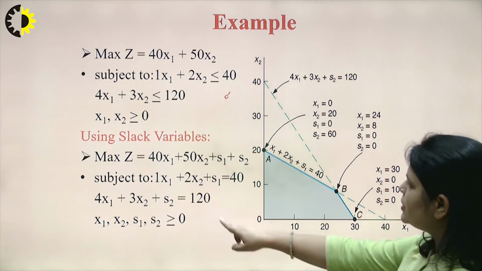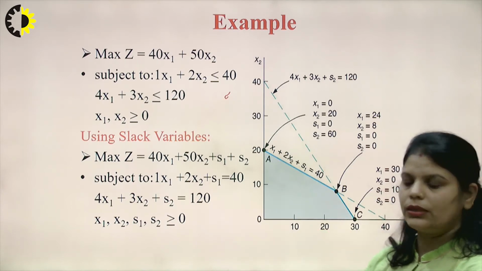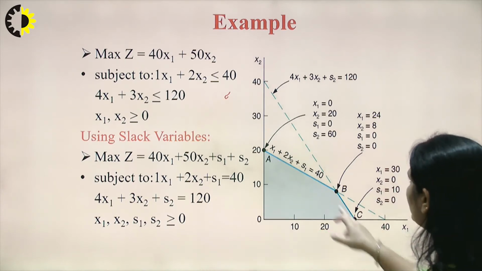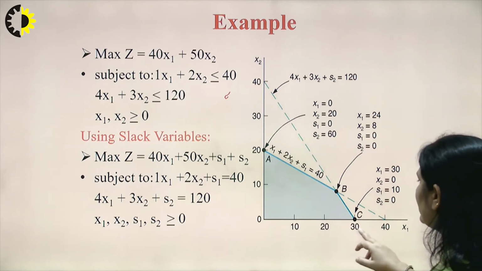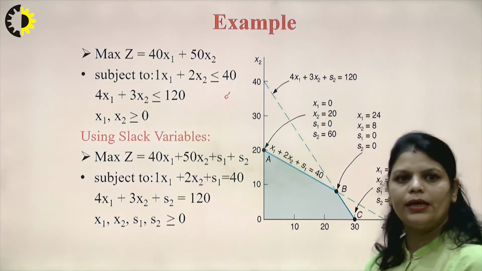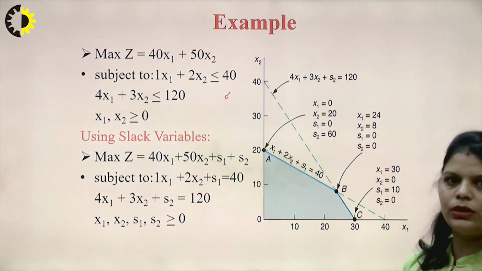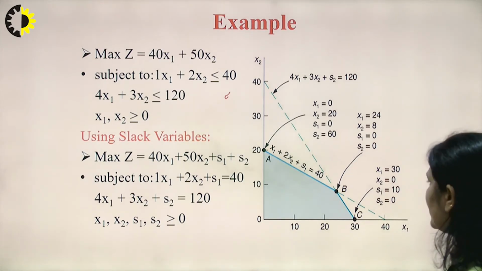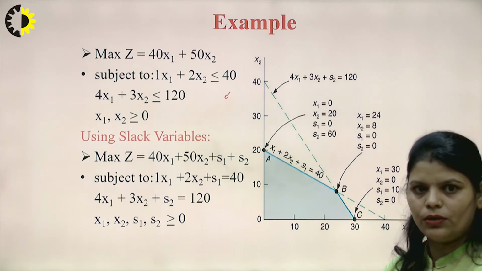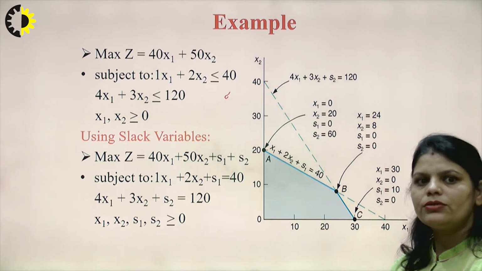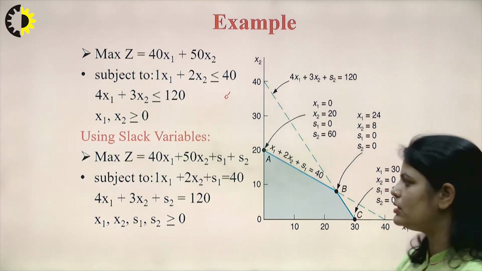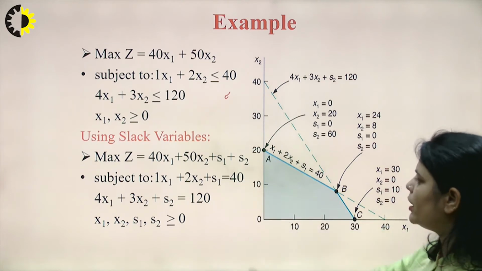Then using line 2, the second line, we have drawn a line, that is C, and at point C we can see the coordinates are x1 is equal to 30, x2 is equal to 0, s1 is equal to 10 and s2 is equal to 0. So these are the coordinates of two lines, these constraint lines or equations.